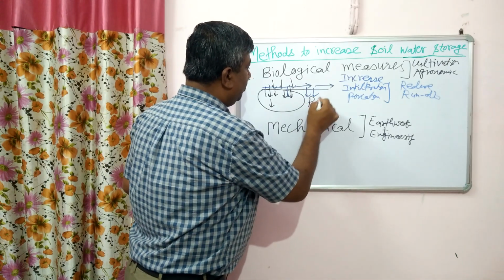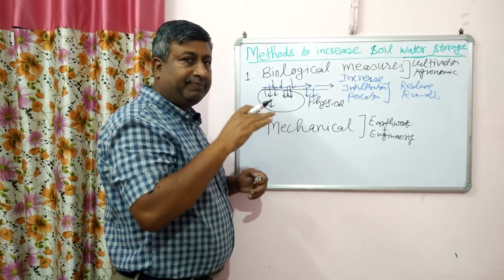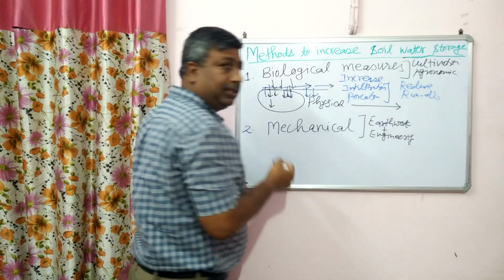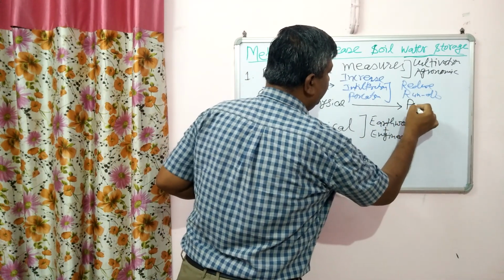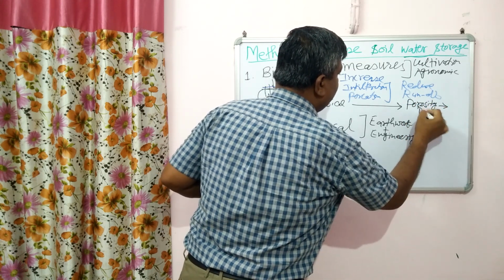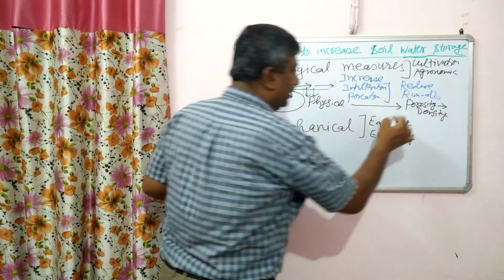Actually, this infiltration and percolation depends upon the soil properties. Soil physical properties are very important, which decide the entry of water, then further movement. And this physical property, mainly what is the soil type, and the soil type decides the porosity, and this porosity is decided by bulk density.